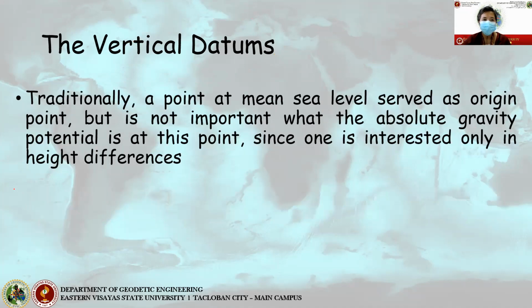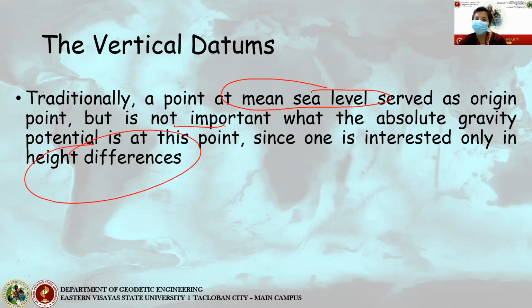Traditionally, the mean sea level, which is the average rise and fall of the tide, serves as the origin. It is not important what the absolute gravity potential is at this point, since we are interested only in height differences. So we don't take the gravity potential of a certain point, just the mean sea level, or the average rise and fall of the tides at a certain point on the surface of the Earth.